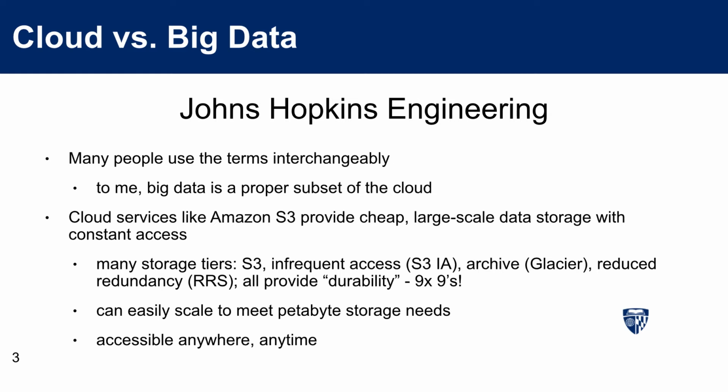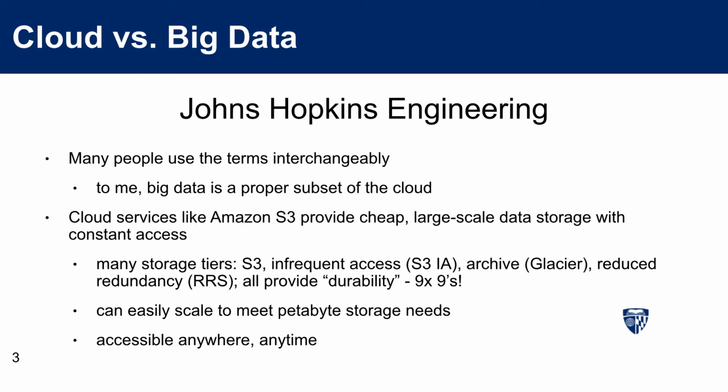They also have reduced redundancy storage, which gives you the low latency that S3 gives you, but the redundancy factor is reduced by a few nines. So when we talk about data durability, which we're going to talk about in an upcoming slide, Amazon provides you 99.99s of durability. If you're trying to save some money though, and you have a really large amount of data, and you maybe don't care about nine nines worth of data durability, then possibly reduced redundancy storage is a good option for you.